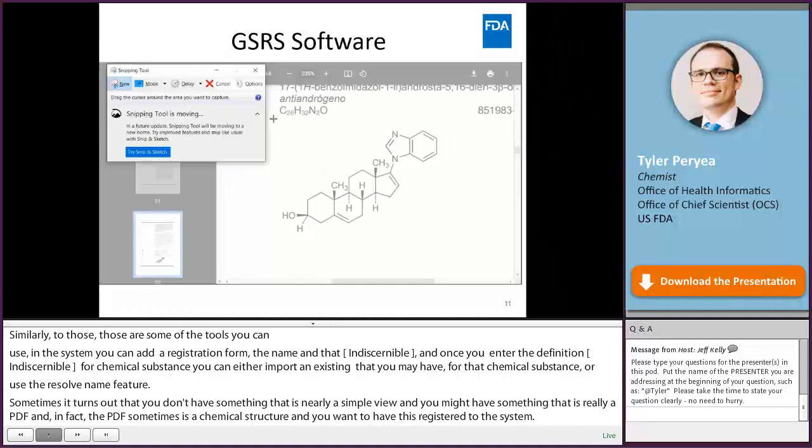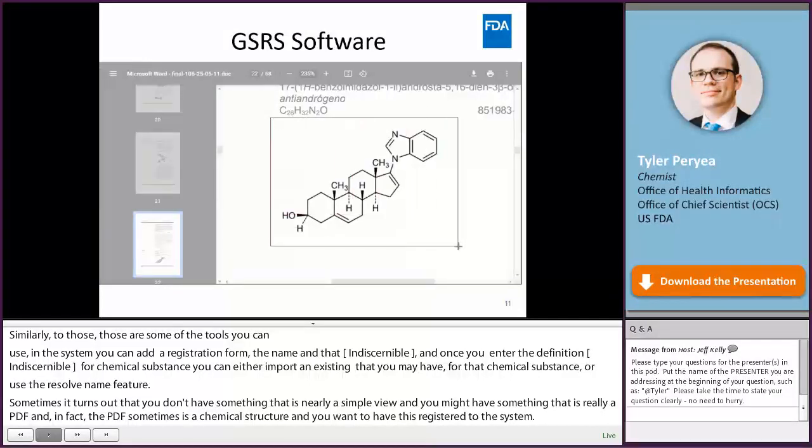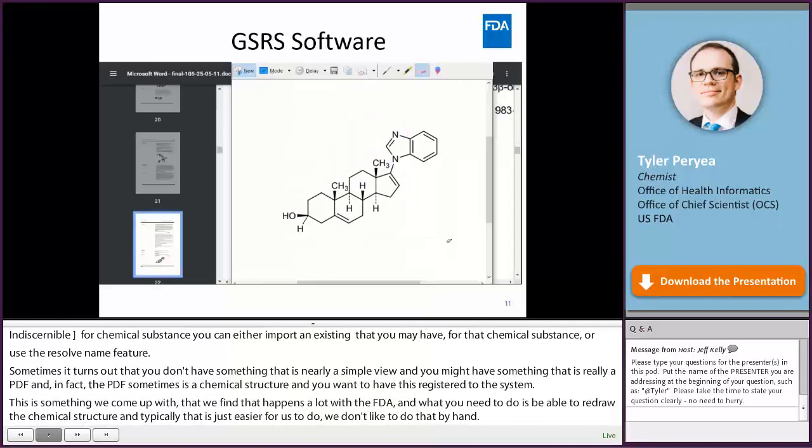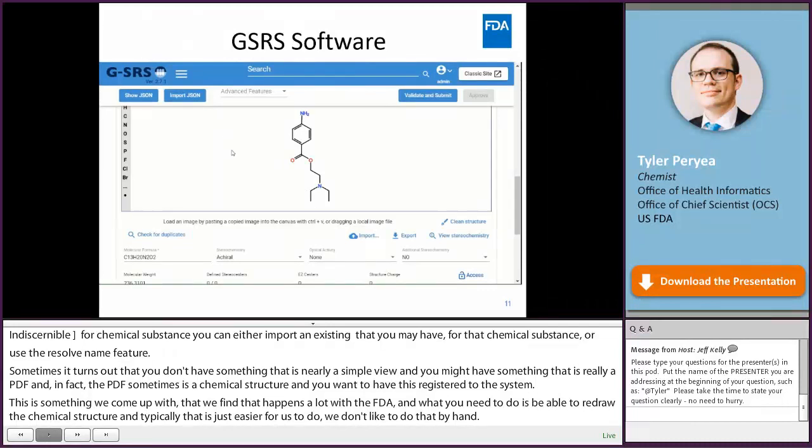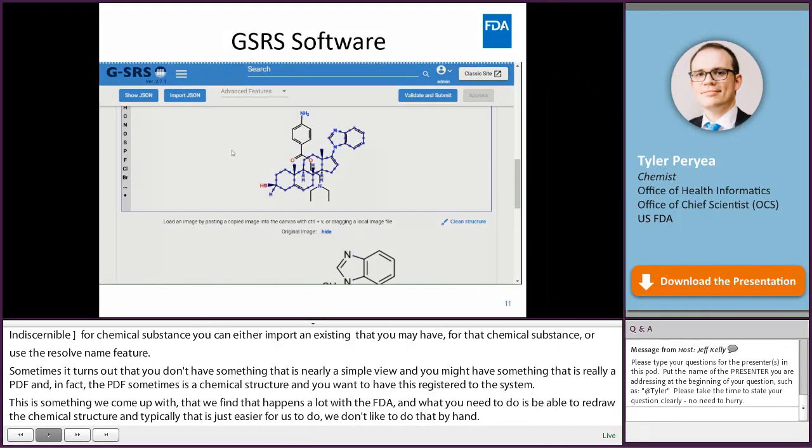So in the interim, what we've done is we've allowed users to copy a chemical structure as an image. So in this case, I have this as an image. I can just copy it to my clipboard, go back to GSRS, and attempt to paste it.